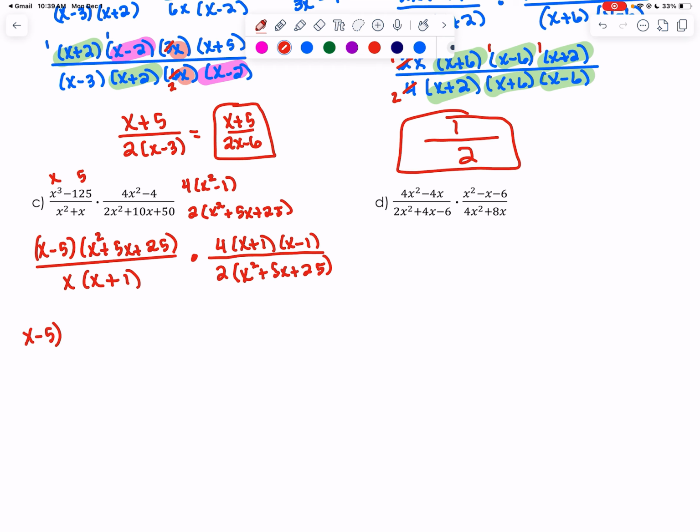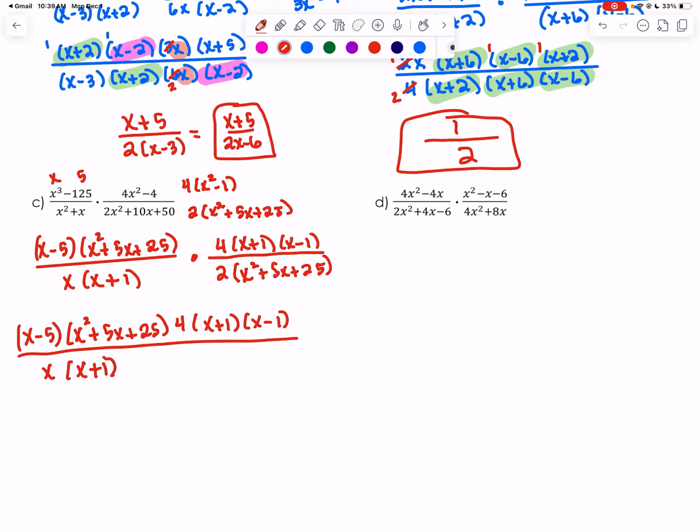All right, now we're going to write this as one big fraction. x minus 5 parenthesis x squared plus 5x plus 25 times 4 times x plus 1, x minus 1. On the bottom, we have x, parenthesis x plus 1, times 2, times x squared plus 5x plus 25.